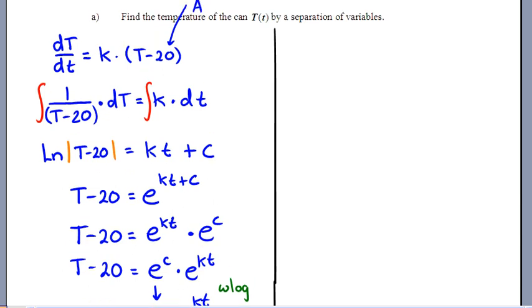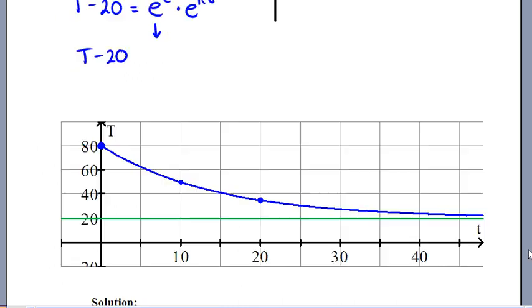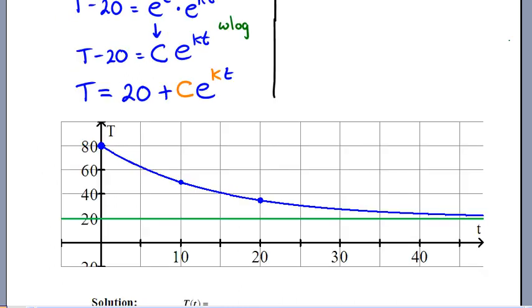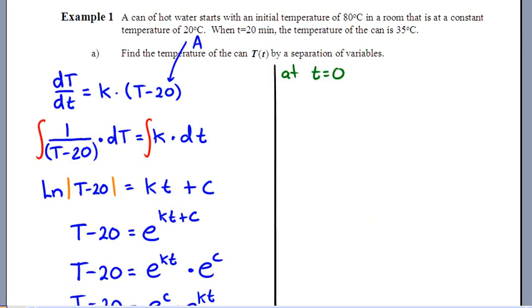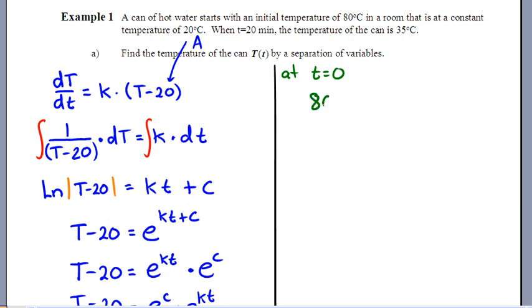And the capital C is the easiest. If I think about what happens at time t equals 0, my equation down here, if I put 0 in for t, oh, it starts to look really nice. It would actually say the temperature, which they're telling me is 80, right? They're saying, oh yeah, you're going to start off with 80.